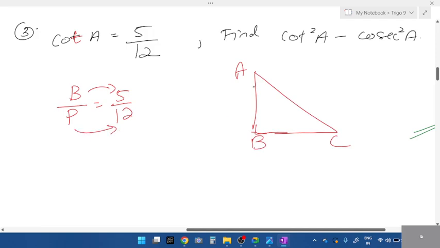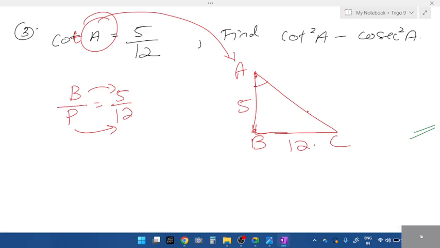Perpendicular is 12. What is perpendicular with respect to angle A? Look here, angle A. BC is 5, and sorry, base. What is base? Base is AB, right? AB is the base and perpendicular is 12. AC is missing after Pythagoras theorem. Try it for homework. Just copy the question. All three of you.